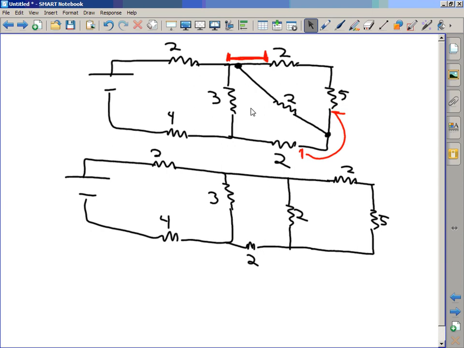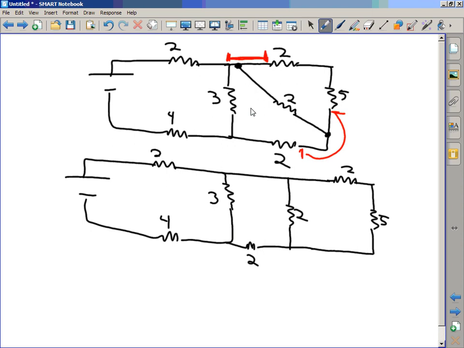I straightened it out. I stretched the wires a little bit too to make it work. I gave myself some more space. This diagonal right here became that one over here. Now it's vertical. I didn't violate any rules.